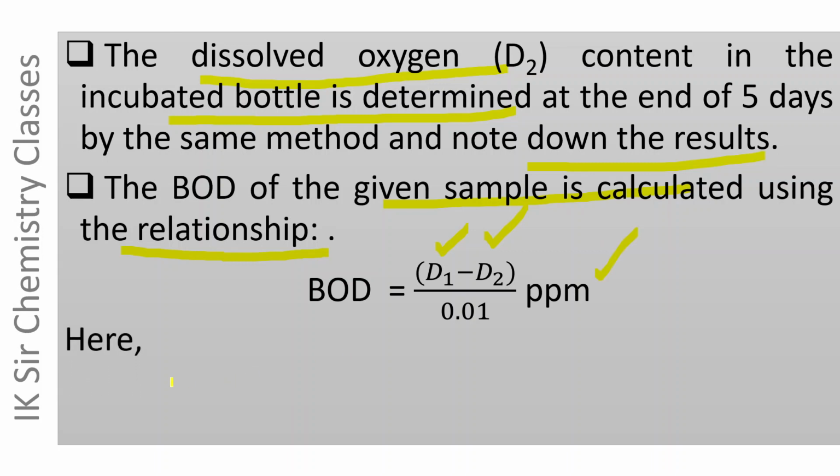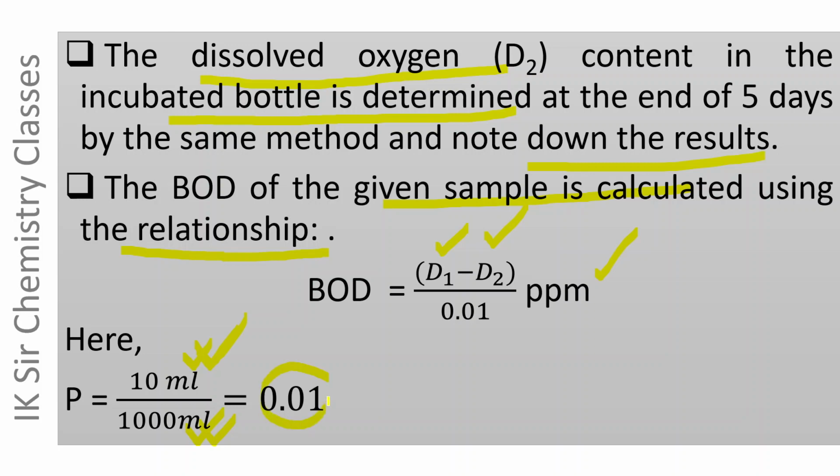Here P is equal to 10 ml, the initial volume of the water sample, divided by the volume of diluted water sample. 10 ml was the initial volume of the water sample, while the volume of diluted solution was 1000 ml, and therefore the value of P is equal to 0.01, which has been taken here.